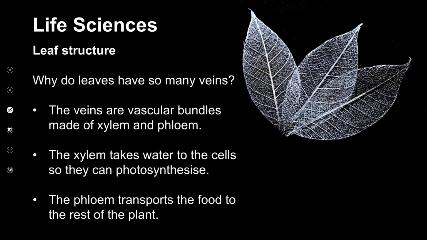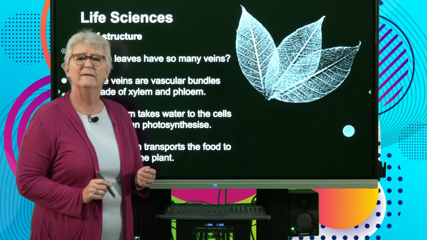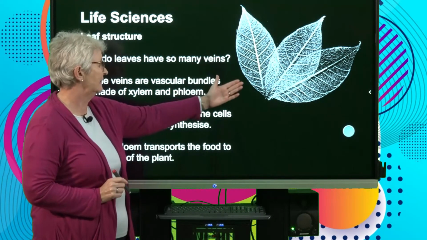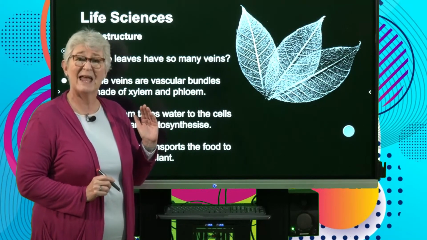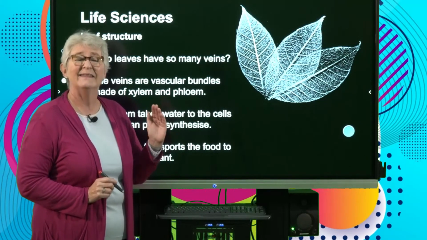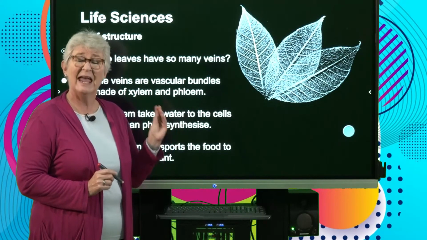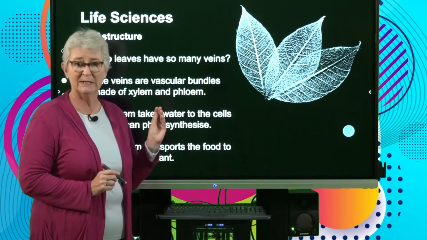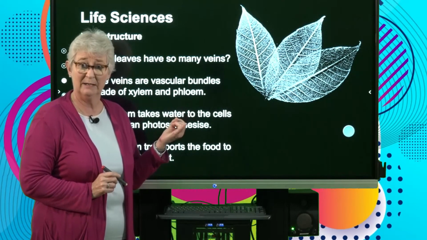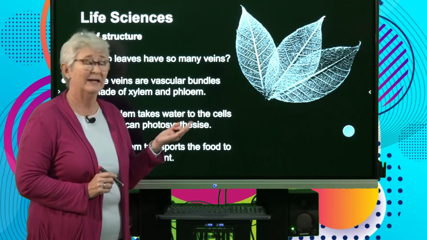Next question is, why do leaves have so many veins? If we look at these pictures, those are called leaf skeletons, and what has happened is that the soft-walled cells in the leaf have died, and the only things that remain are those with extremely thick walls, in other words, collenchyma, sclerenchyma, and xylem.